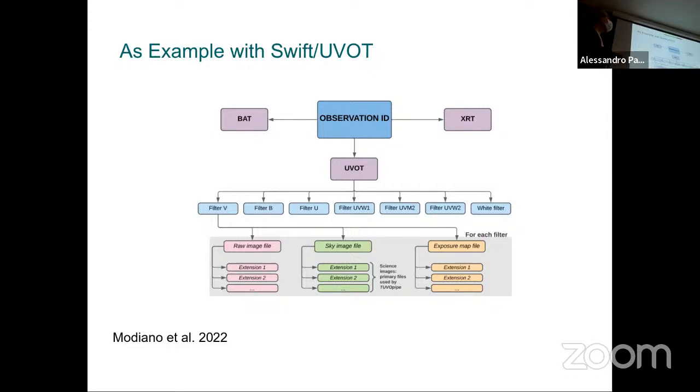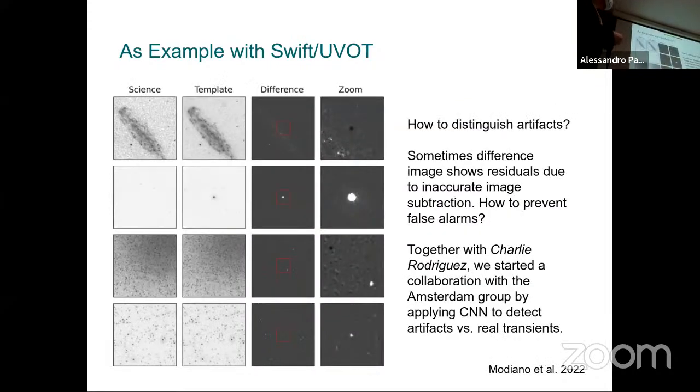The UVOT has different filters, and then they downloaded the data from the website, checked the raw image, and created a pipeline to generate what is called difference imaging. So you have two images that you compare at different times to see whether there are new transients. And what they found is that you can detect transients pretty easily.